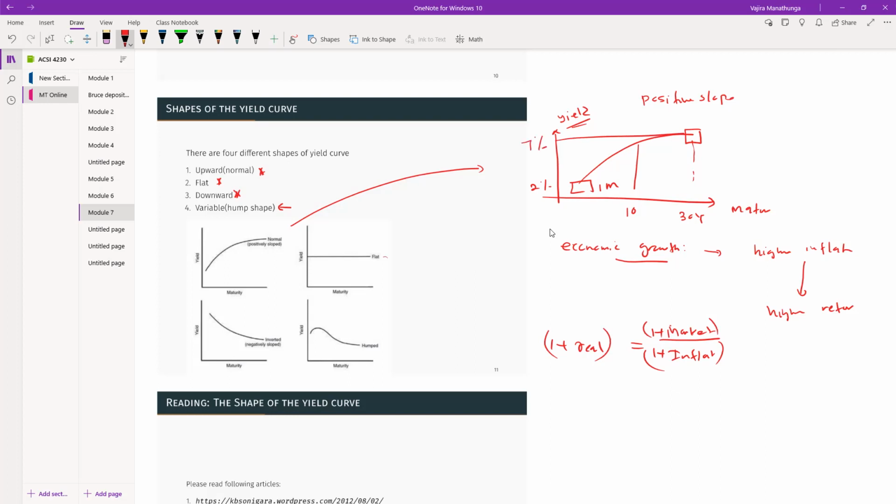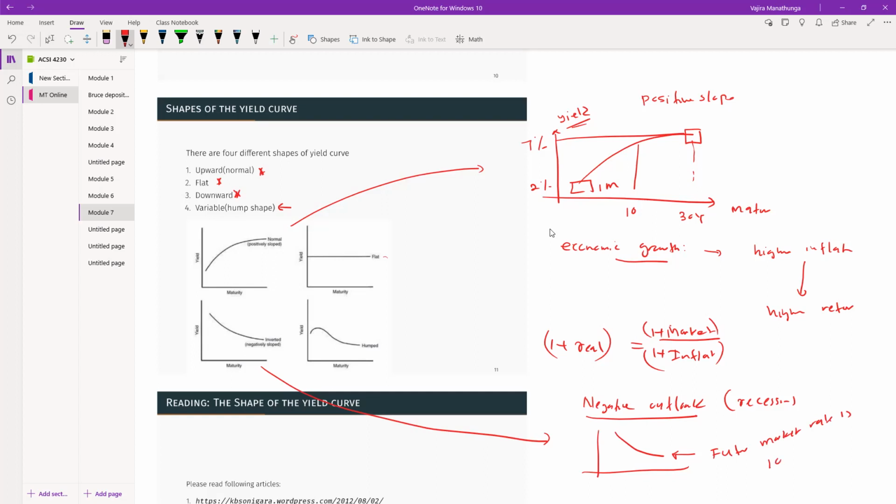So the second one is inverted. The inverted one is the other side. So you have a negative outlook. Basically you are expecting recession. If it is recession, then what's going to happen? In the future, the rate's going to be low. So basically, you would like to have a higher return now.